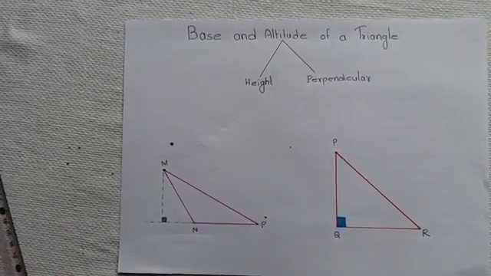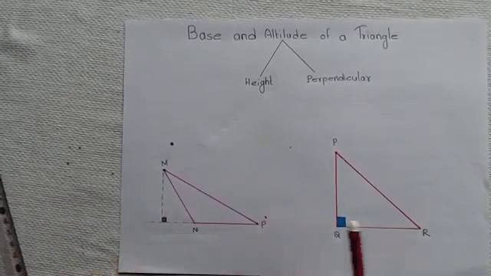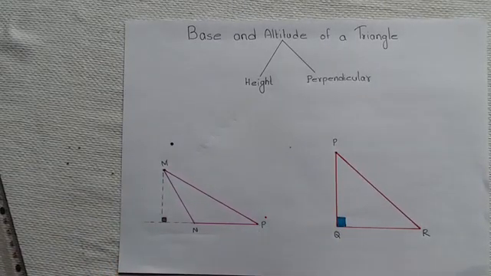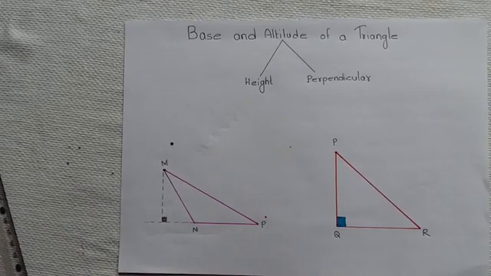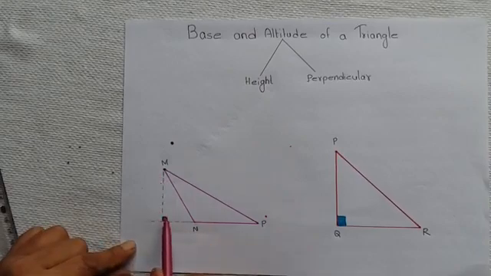For triangles like the one you see in the picture, which is oblique, the perpendicular is always drawn outside. Here is the perpendicular drawn. This can be taken as the altitude of the triangle or height of the triangle or perpendicular.